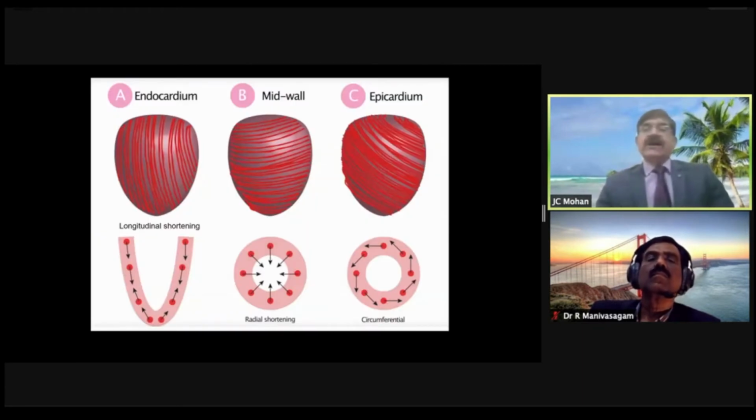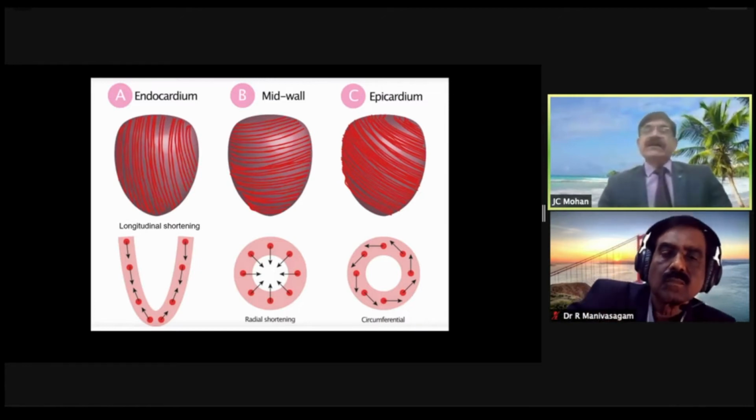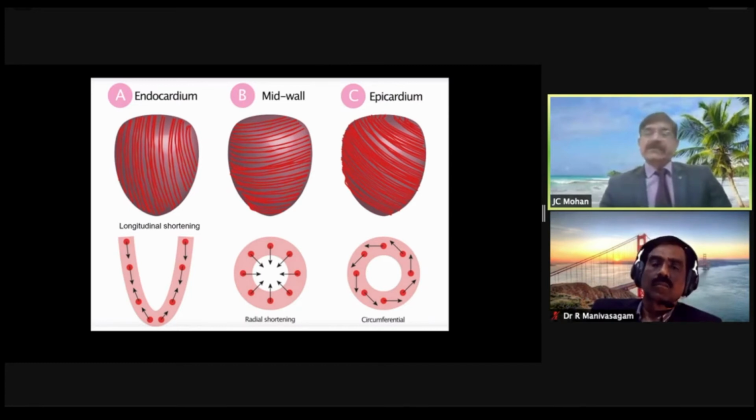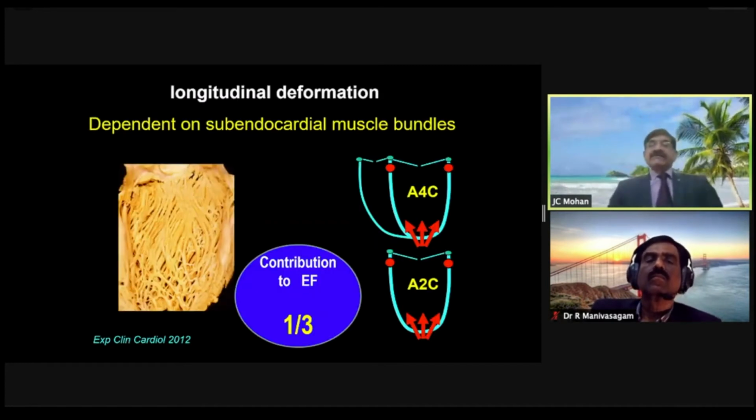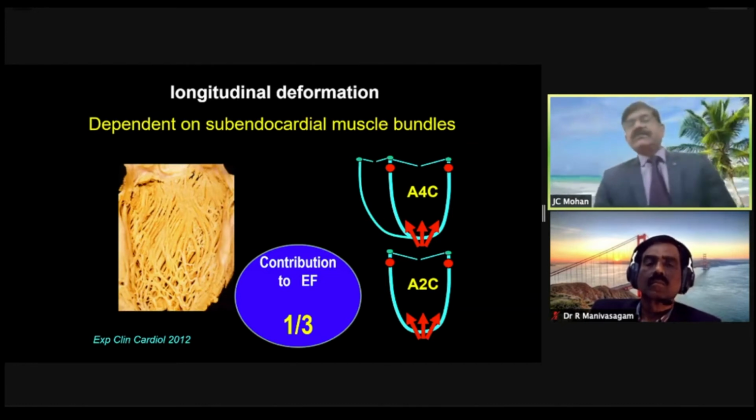So here, this cartoon again shows you the same thing. Endocardial fibers are responsible for longitudinal shortening. Mid-wall and subepicardial fibers are responsible for circumferential shortening. Mid-wall shortening is also through subepicardial fibers and produces radial shortening. Longitudinal deformation, as I said, is dependent on subendocardial muscle bundles, and it contributes 1/3 of the total ejection fraction.